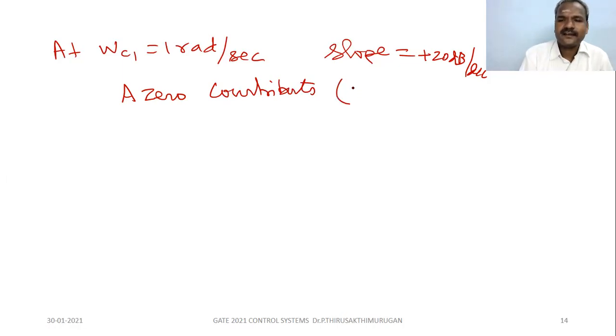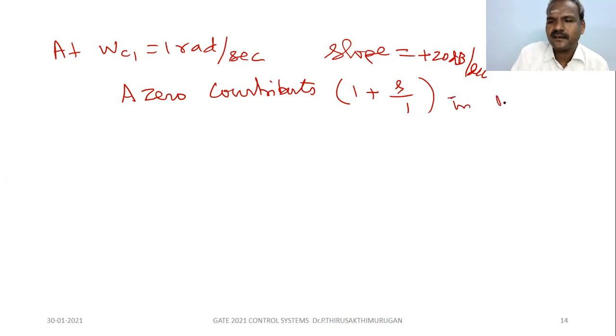So what is that factor? 1 plus s by 1, because it is in the numerator. So 1 plus s is in the numerator.